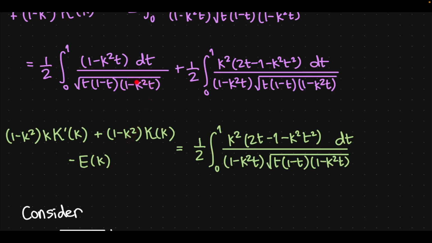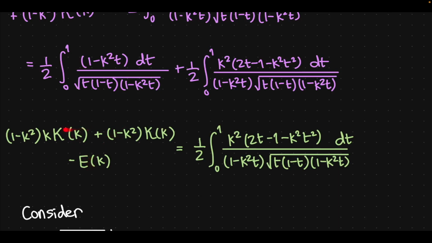So first of all, the next obvious thing to do is to notice that the first integral on the right side, in this pink that I'm circling, is actually E of k. So I'm going to move that to the left side, which gets a minus.